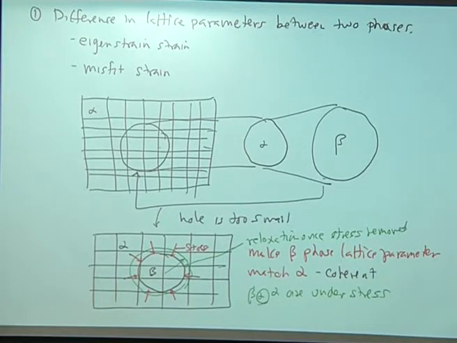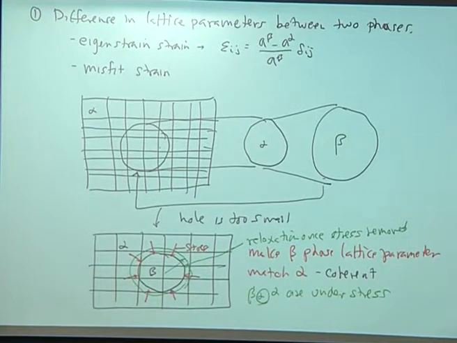Again, if you look at the difference in lattice parameters, in some cases you can define an eigenstrain. So the ij here is the ij component of the strain. I'm saying that it's a purely dilatational strain.